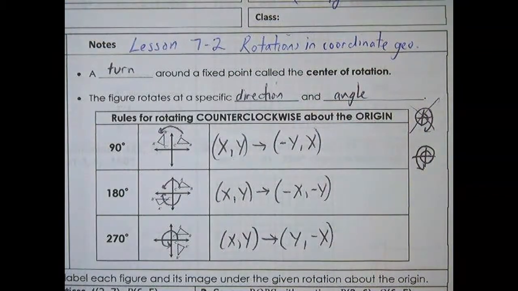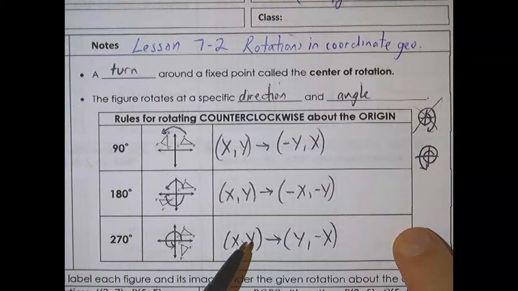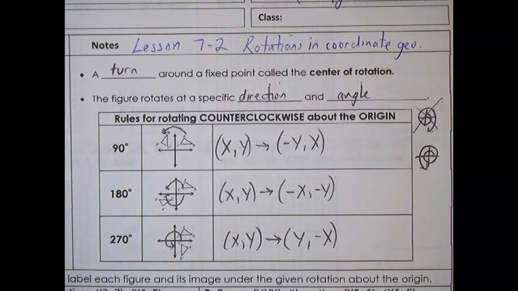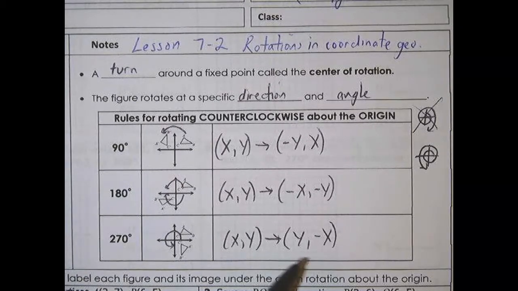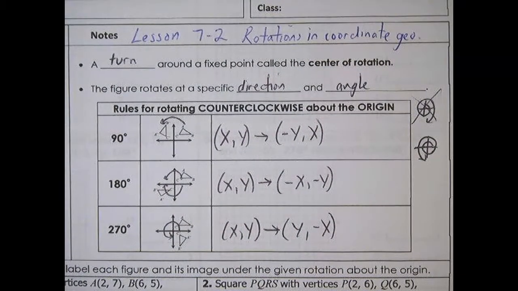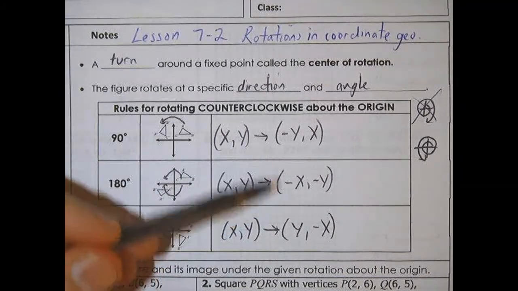Now, this is a really cool thing, because with these 3, we have actually completed all of the possible combinations of switching x and y's position and changing the sign of either x or y or both. We've done every single one. You might be asking yourself, didn't we already do those?